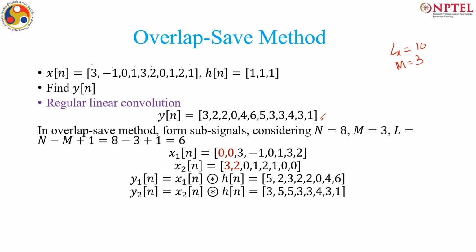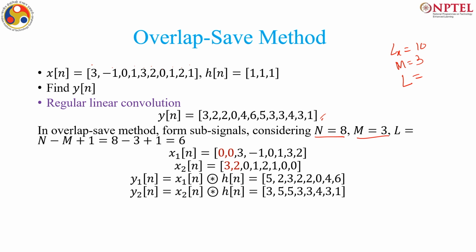Now, I will form the subsequences. So, first subsequence, what should be the subsequence length, which is my L. Now, how many point FFT or circular convolution I want to perform, that is very important. So, here let us decide that I want to perform 8 point circular convolution, and my m is 3, which is the filter length.